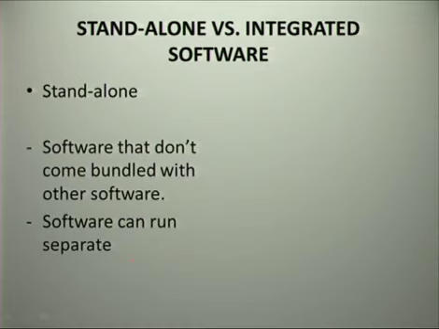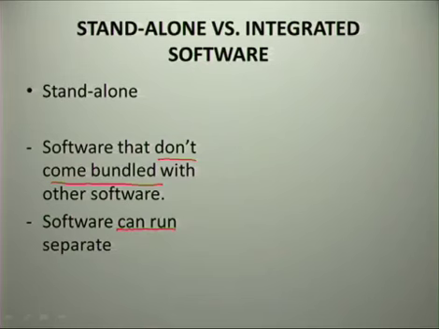Your standalone software is software that doesn't come bundled with other software. It means you get this software on its own, and it doesn't come with other software in a bundle, and it can be run separately on your system. The second explanation is integrated software.